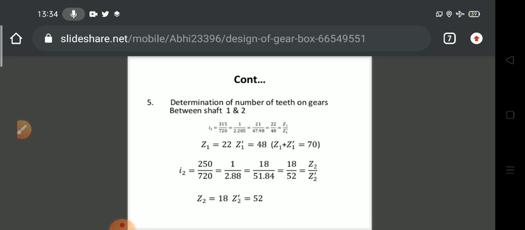So that is equal to 22 divided by 48, which is equal to Z1 divided by Z1 dash, right? So Z1 is equal to 22 and Z1 dash is equal to 48. Hence Z1 plus Z1 dash is equal to 70, right? This is the equation we have.